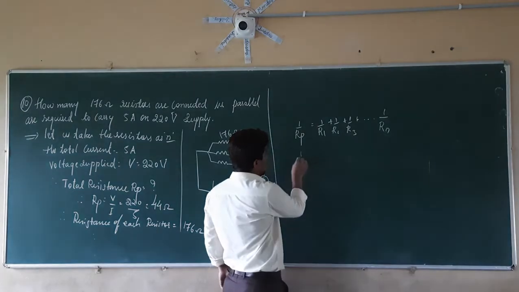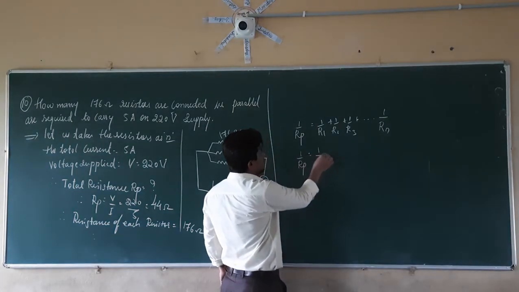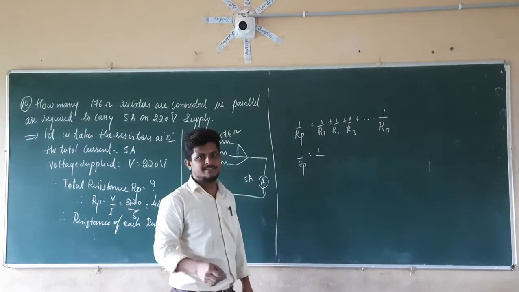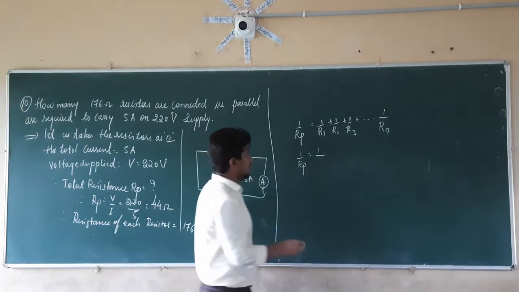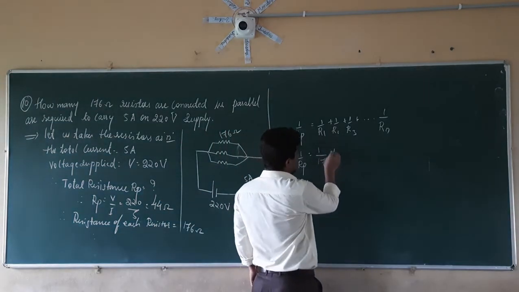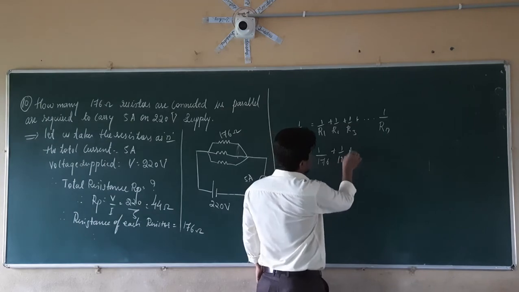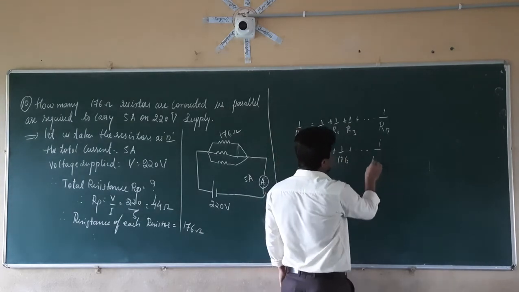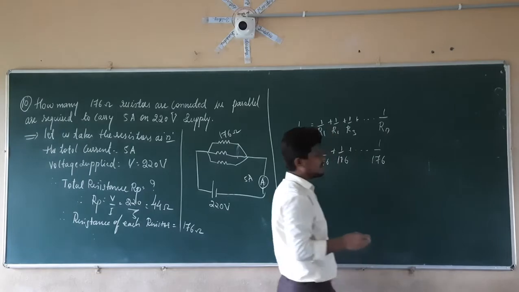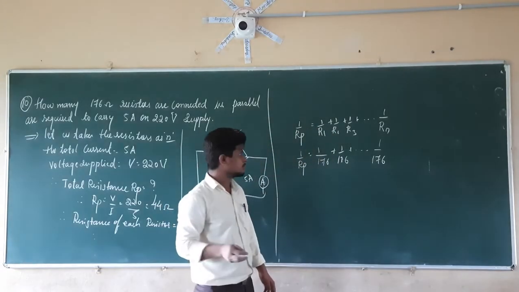Therefore 1 by Rp is equal to 1 divided by the value of R1 here. Since all the resistors have the same resistance, it is equal to 1 by 176 plus 1 by 176 plus so on, 1 by 176. The last resistor also has the resistance of 176 ohms.